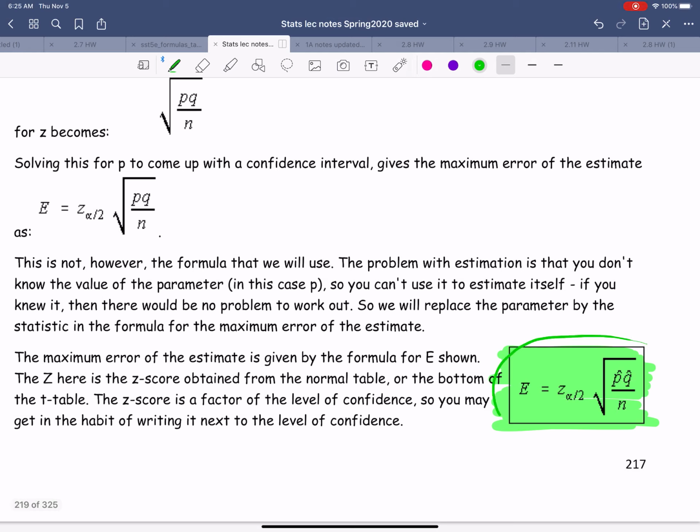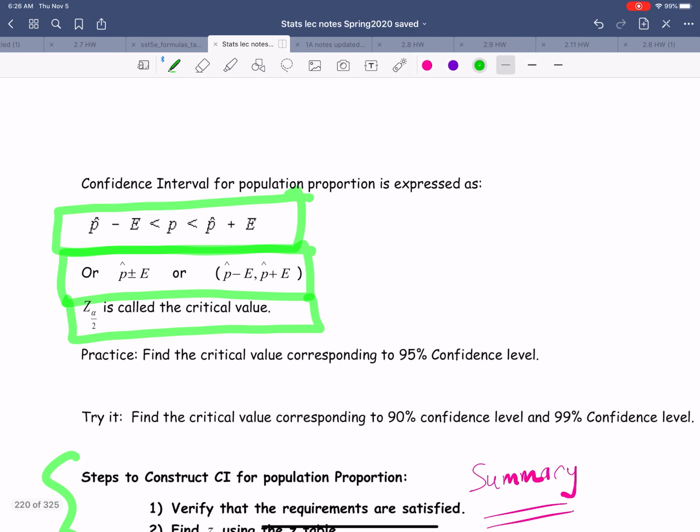Margin of error formula is here. So E is equal to Z alpha over 2 times the square root of P hat Q hat divided by N. Confidence interval for population proportion is expressed as this.